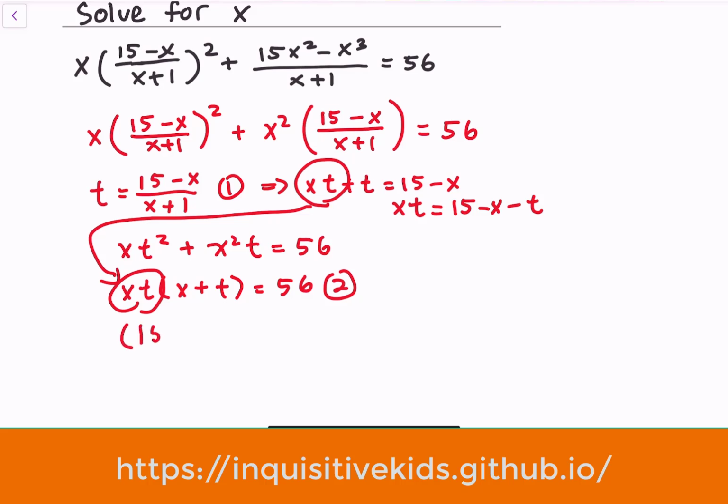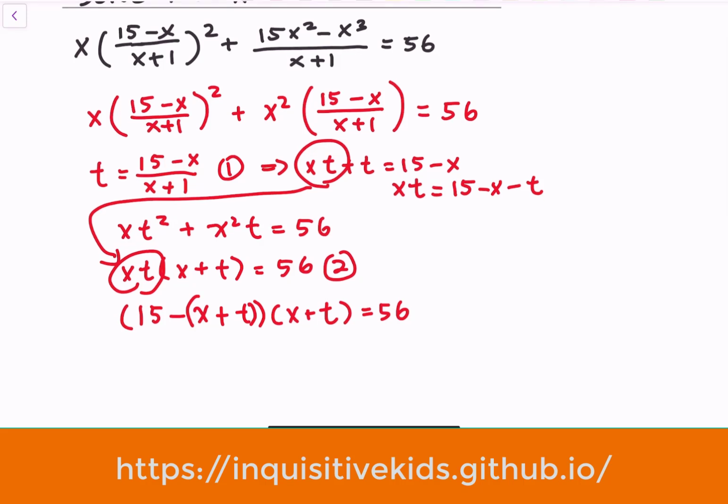It's the same thing as (15 minus x minus t) times (x plus t) is equal to 56. If we look at this, we see that 15 minus x minus t is the same thing as 15 minus (x plus t).